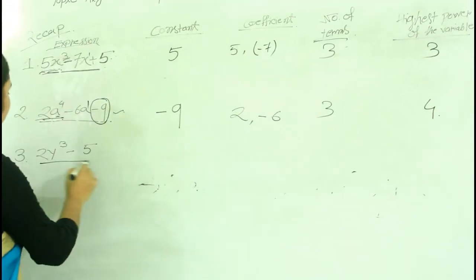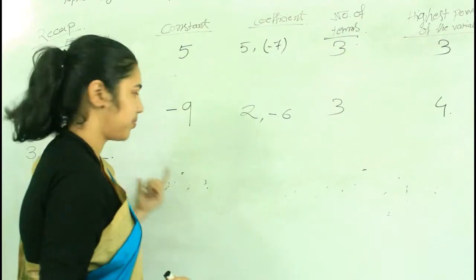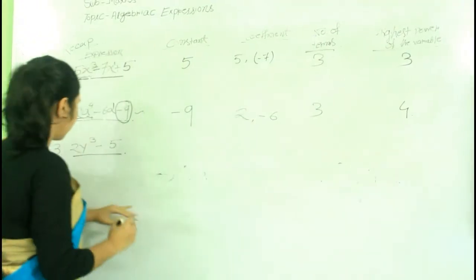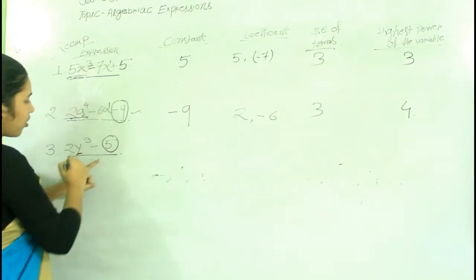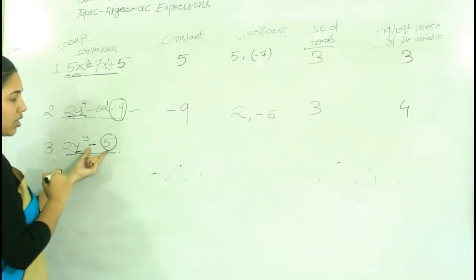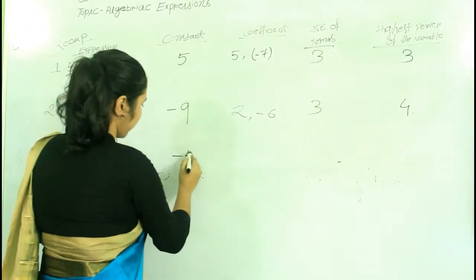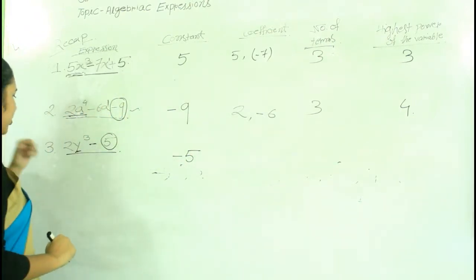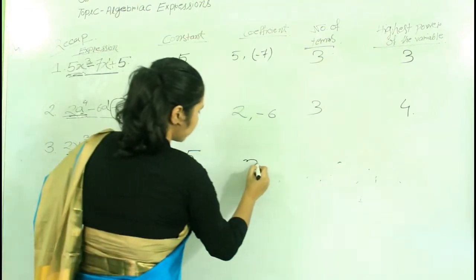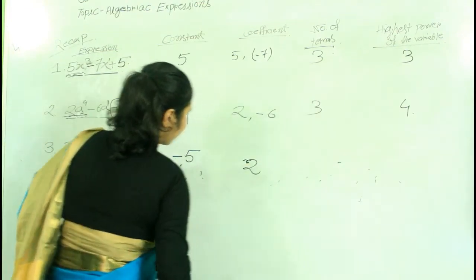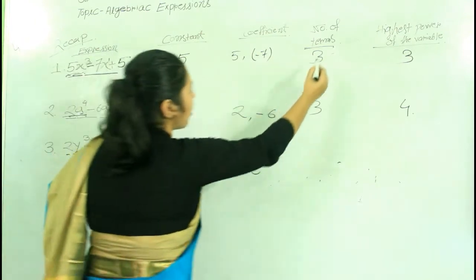Next, 2y cube minus 5. So here y is the variable. Now 5 is our constant term, but you have to consider minus 5. Next, the coefficient of the first term y cube is 2. Now, number of terms.